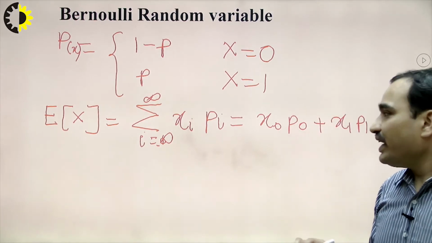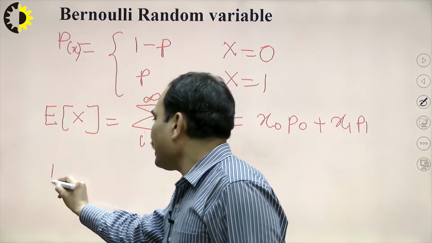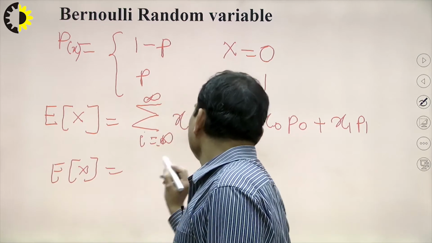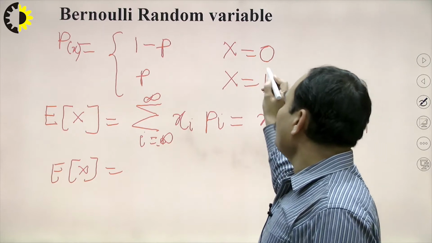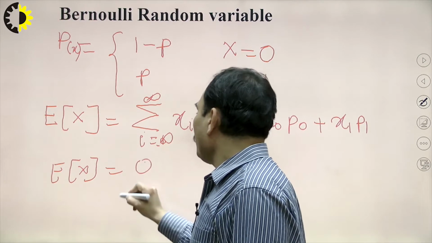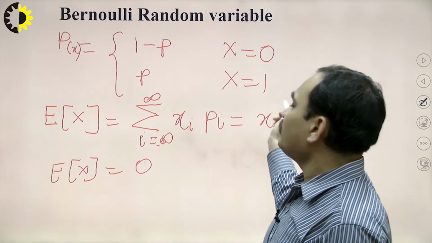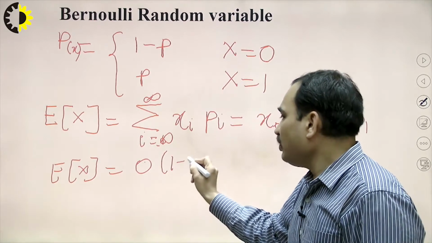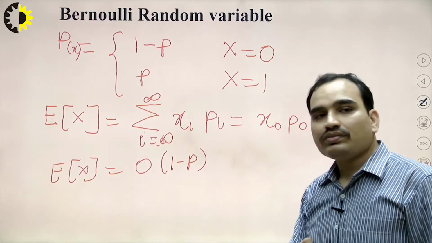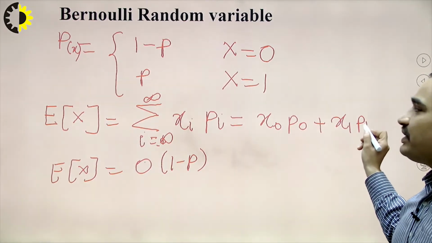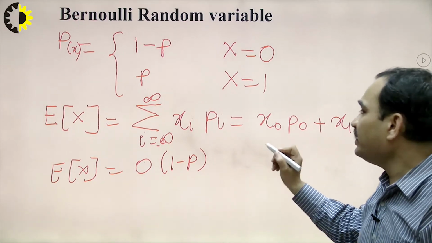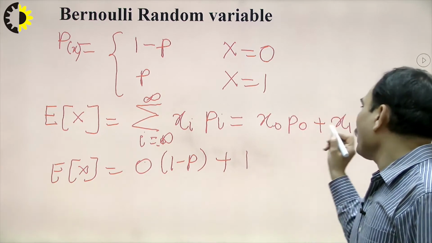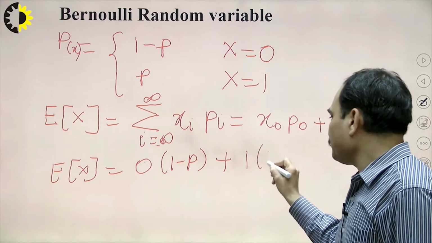Now we substitute the values. The expectation of x equals x0, whose value is 0, multiplied by the probability at value 0, which is 1 minus p. Similarly, x1 multiplied by the probability at value 1: the value of x1 is 1 and the probability is p.